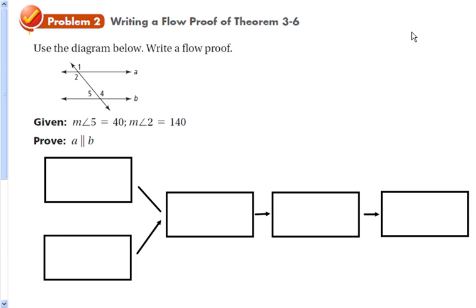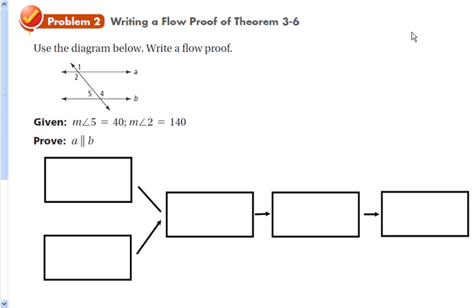All right, so here we're going to try and prove that, given the measure of angle 5 is 40 and the measure of angle 2 is 140, A is parallel to B. Well, one thing you might notice is that angle 2 and angle 5 are same side interior angles, and so we have something that says if same side interior angles are supplementary, then the lines are parallel.